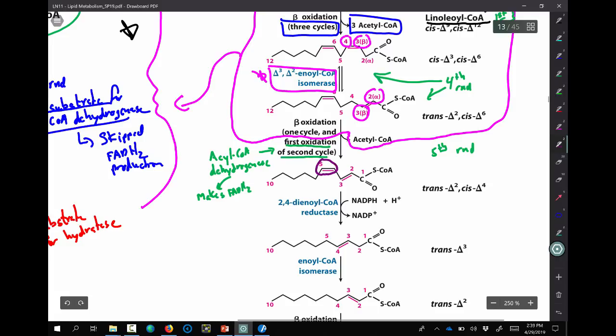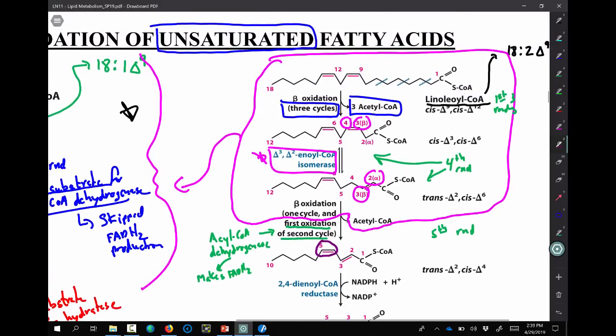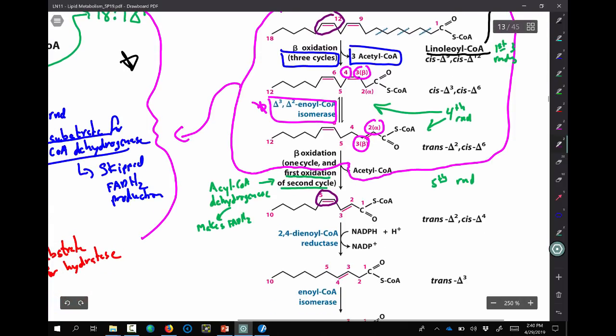Okay, so there's that original double bond, what would have been called the 12th carbon. To start off with, that double bond I just circled is this guy right here. That's translated all the way down here. Now it's on the 4th carbon because we've been removing carbons all along. The dehydrogenase step makes our trans double bond, right?